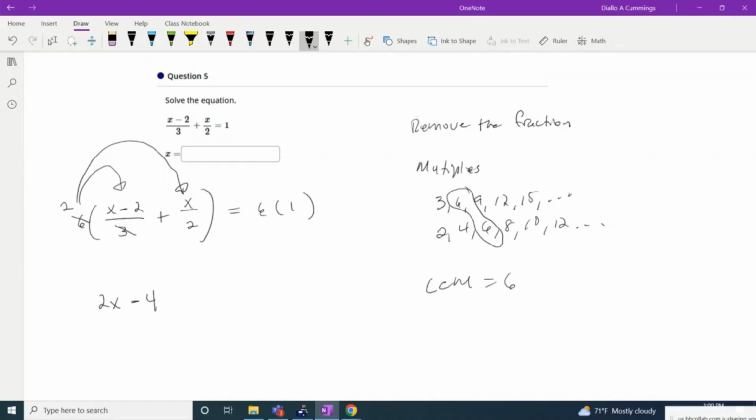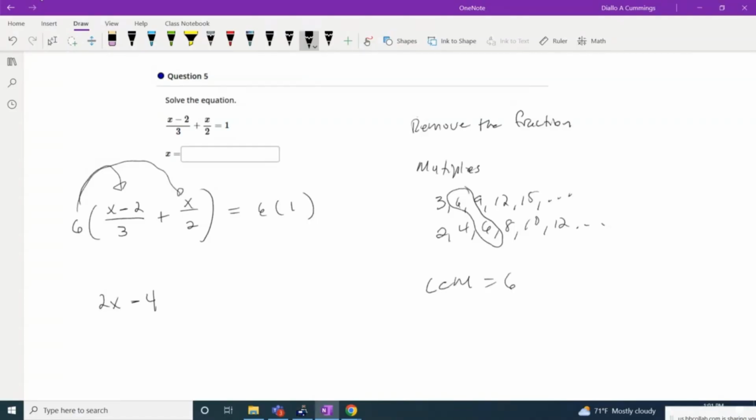I also must multiply 6 by my second term on the left-hand side, which is x over 2. Keep in mind that we're multiplying both sides by 6, right? So it was reduced down for the first term, but when we distribute, we're distributing 6.